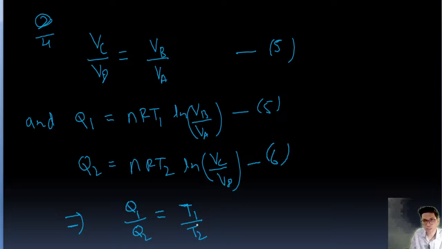So this is a very important result, guys, you need to note down. Q1 upon Q2 equal to T1 upon T2, okay? Now we have the formula of efficiency, right?